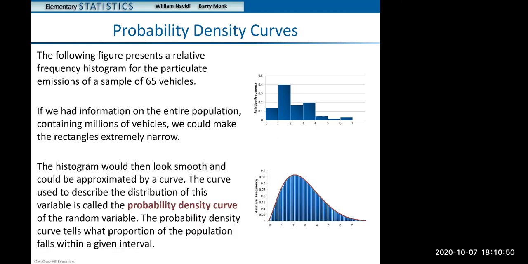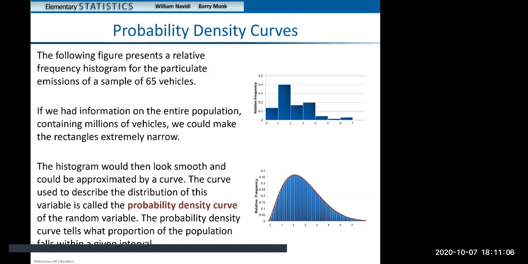If we had the information on the entire population containing millions of vehicles, we could make the rectangles extremely narrow. So the histogram would look smooth and could be approximated by a curve. The curve used to describe this probability is what you call the probability density curve.